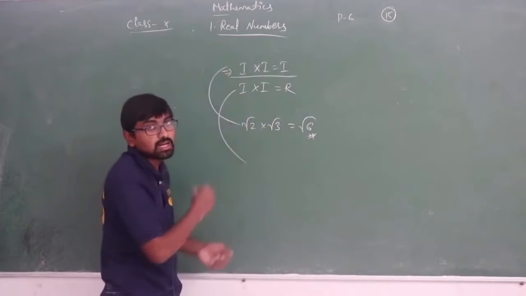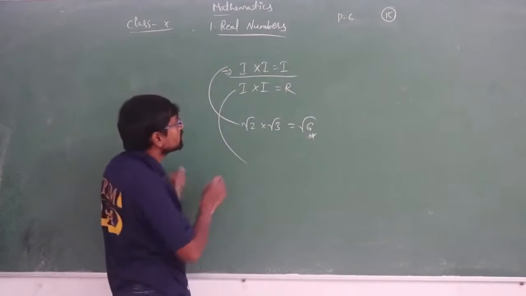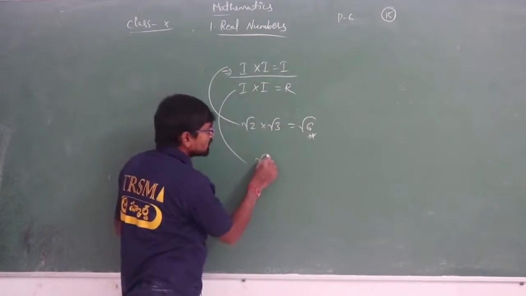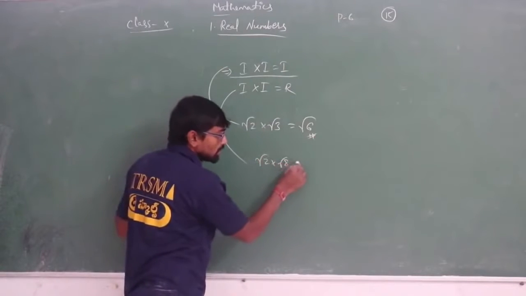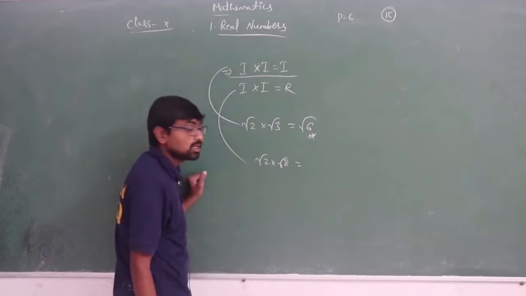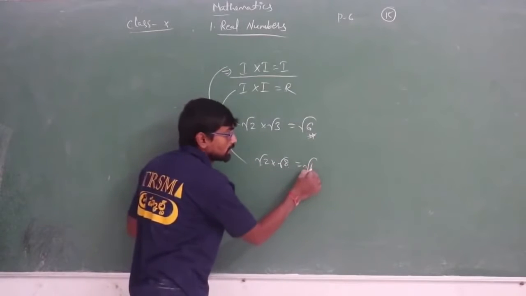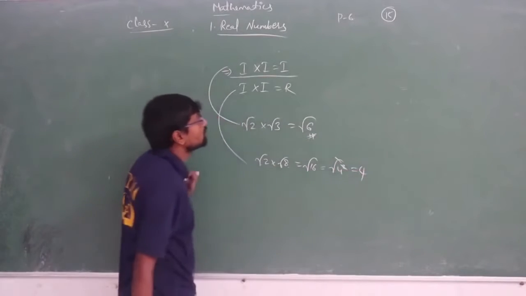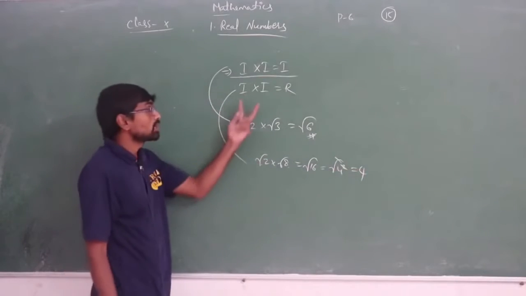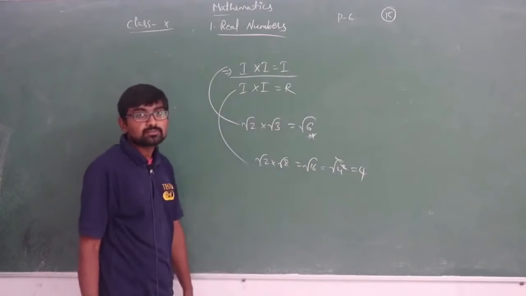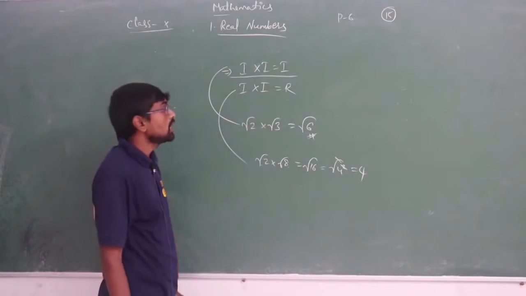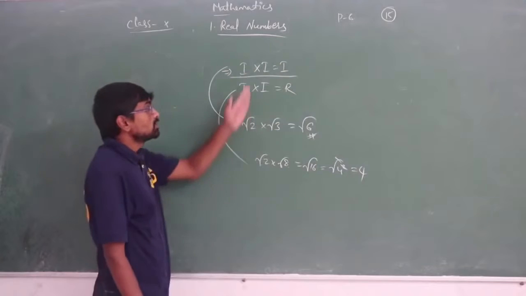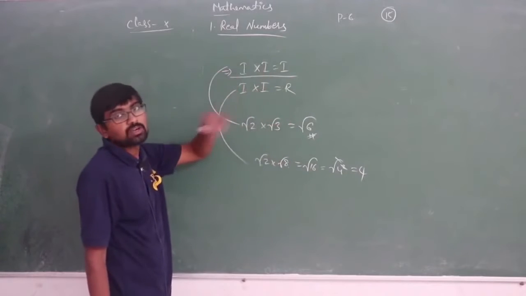Second condition, just now I have told you: irrational into irrational, 2 into root 8. You can take any example. If you multiply both, you will be getting 16, that is 4 square, which equals 4. You can take this example. Product of two irrationals is rational, isn't it? So this is how you can take an example and define that.